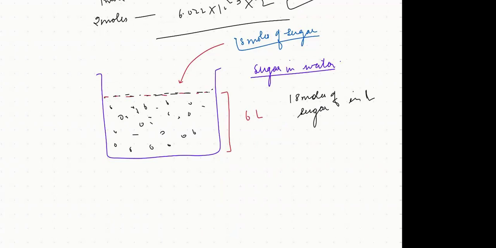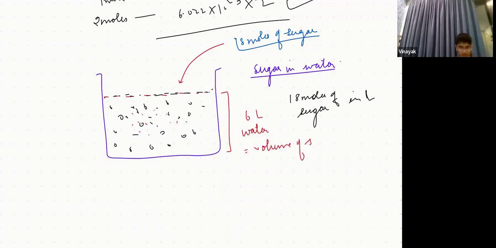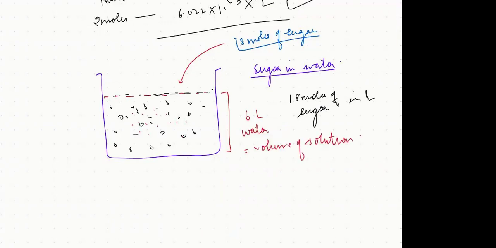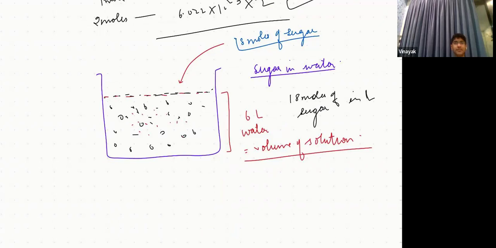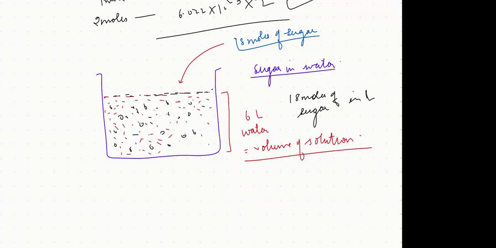So if you have taken 6 liters water, I would say that is also the volume of the solution, because no more increase in solution's volume is taking place. So that is the volume of the solution.